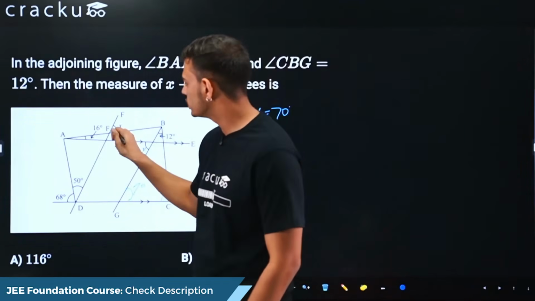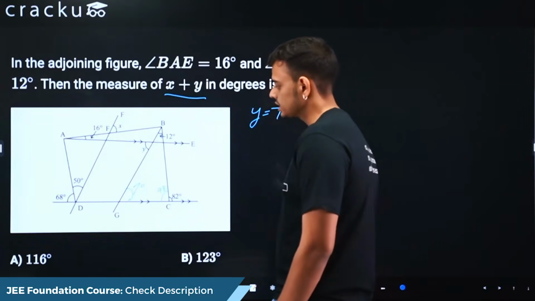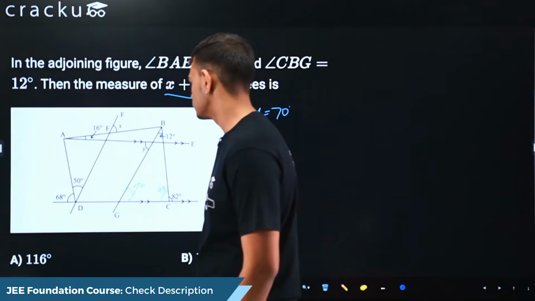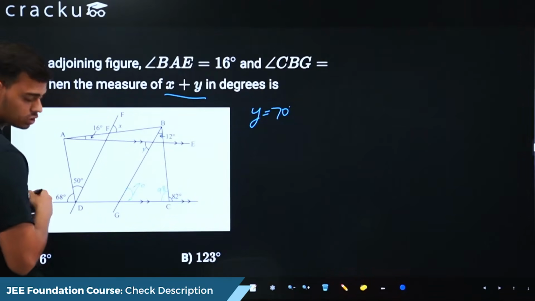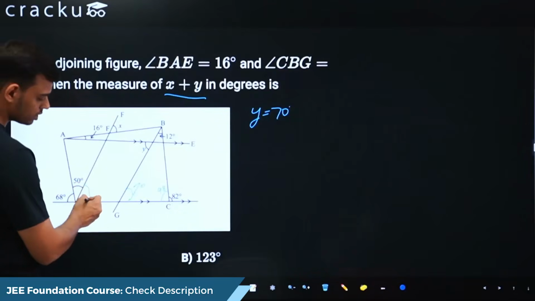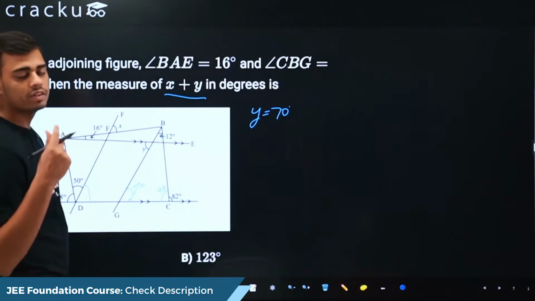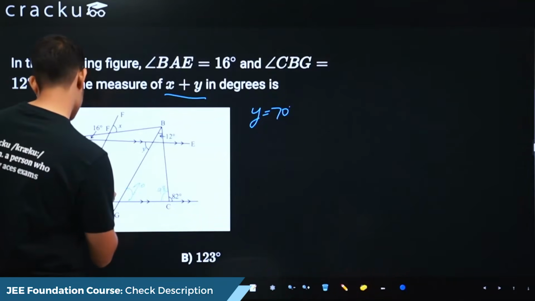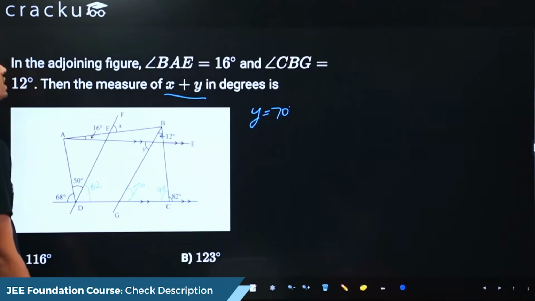Now I need to calculate the value of x to find this sum. Let us see what we can do with all the angles given to us. We are given two angles on a straight line. I can easily calculate the third angle, which will be 180 minus 68 minus 50, which is 180 minus 118. 180 minus 118 is 62 degrees.